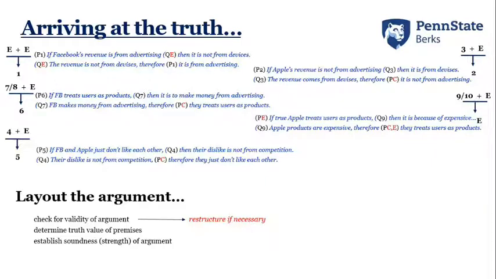Feel free to restructure it. Remember, we're trying to help them out. That's being charitable. We're not here to beat them up or to have them cower in front of us. We want to get to their point, and then at that juncture, we're either going to accept or we're going to refute. We're going to give them the benefit of the doubt when we're determining the truth value of their premises. It's not that we're just accepting them uncritically.